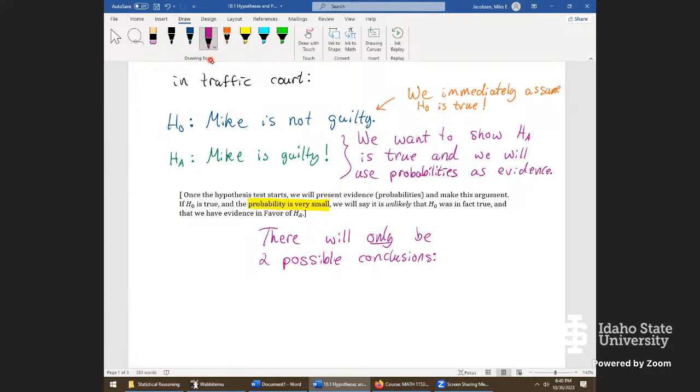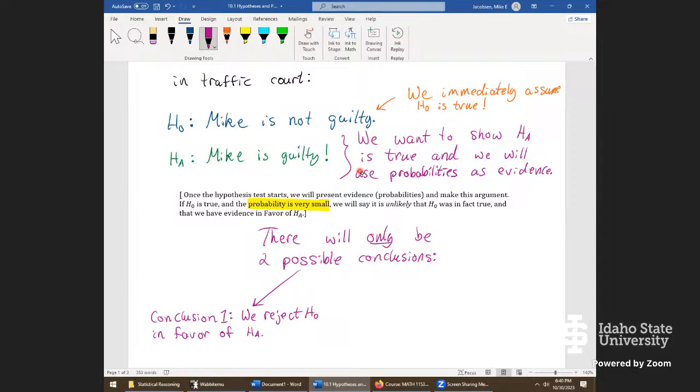The first one, let's put the thing that we want. We want to show the alternative is true, that the speeder was clearly speeding and should pay the fines for it. So conclusion one would be this. We reject H naught in favor of HA.